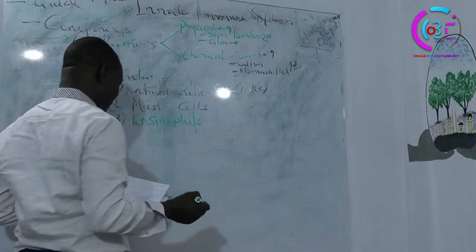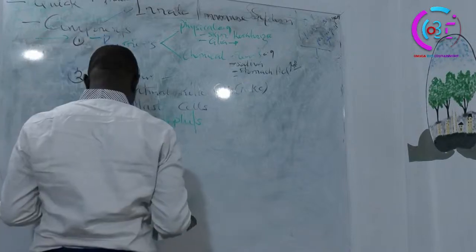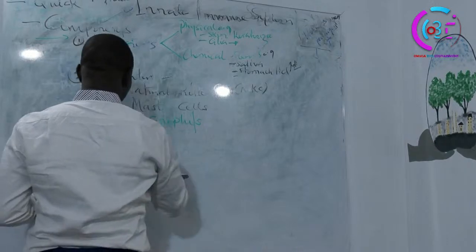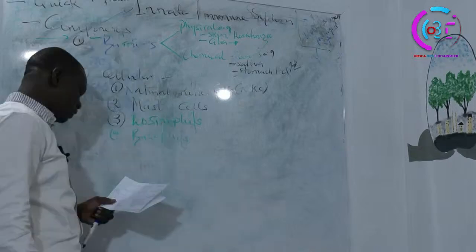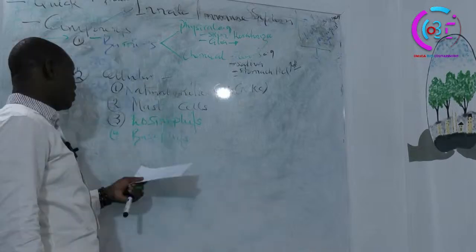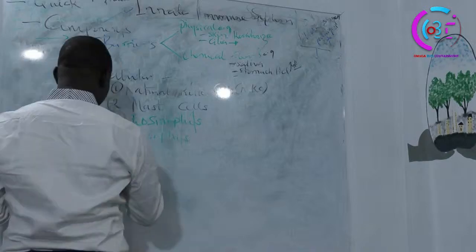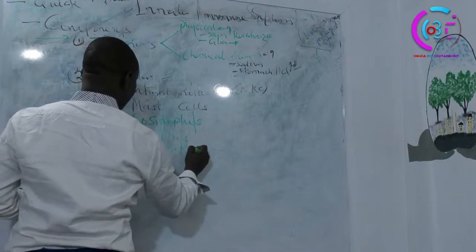What are they? What do they contain? Then number 4 is basophils. Another cellular component of the innate immune system is the one put up by basophils. Then the 5th one is the one put up by macrophages.